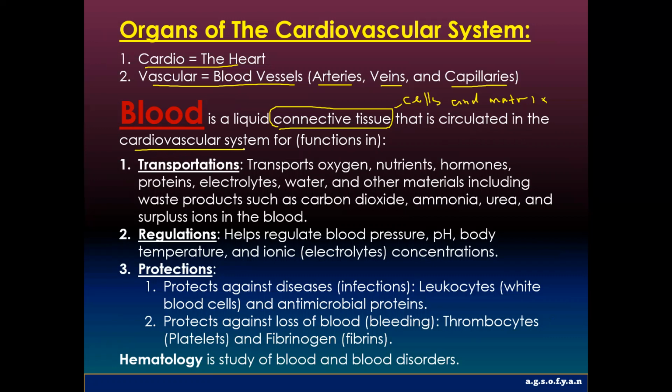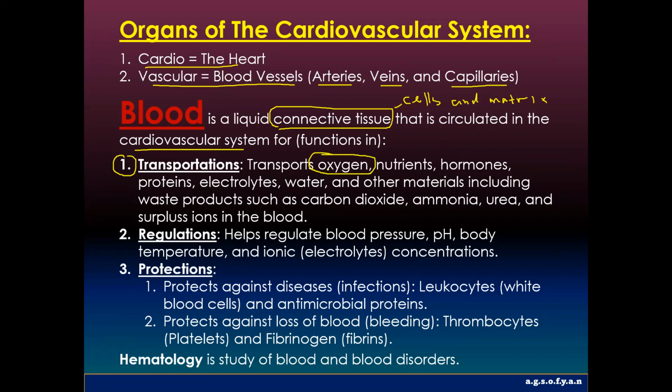And the main functions of this blood are, first, transportation. So blood transports many important molecules, especially oxygen. This is the main and the most important molecule that is carried by the blood.